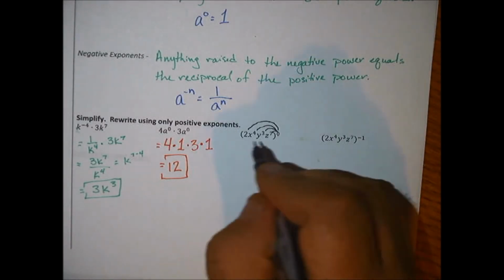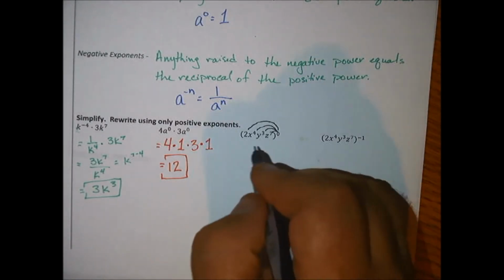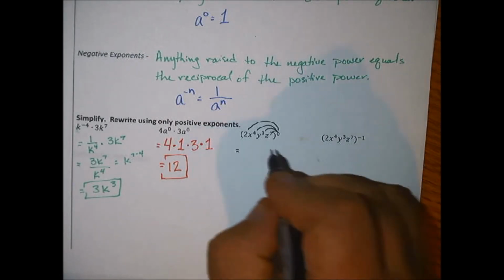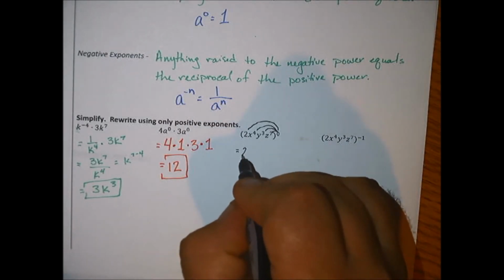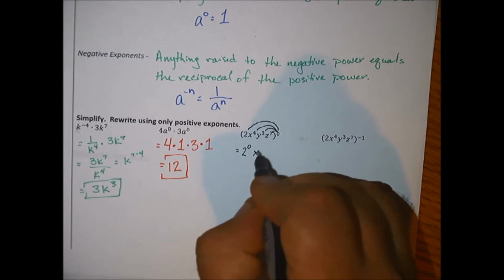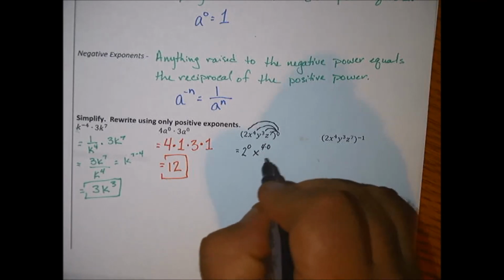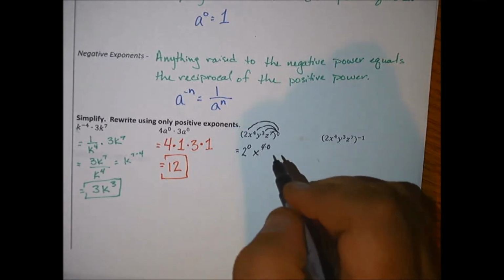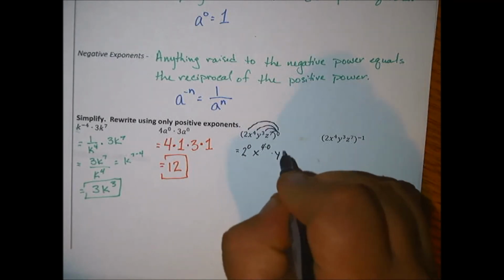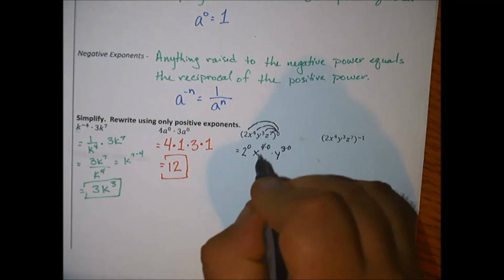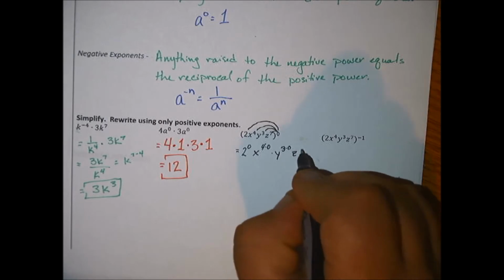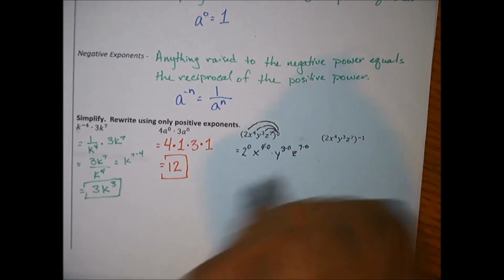So I want to distribute that 0 into every factor of this expression. So we get 2 to the 0, x to the 4 times 0, if you remember the power property, y to the 3 times 0, and z to the 7 times 0.